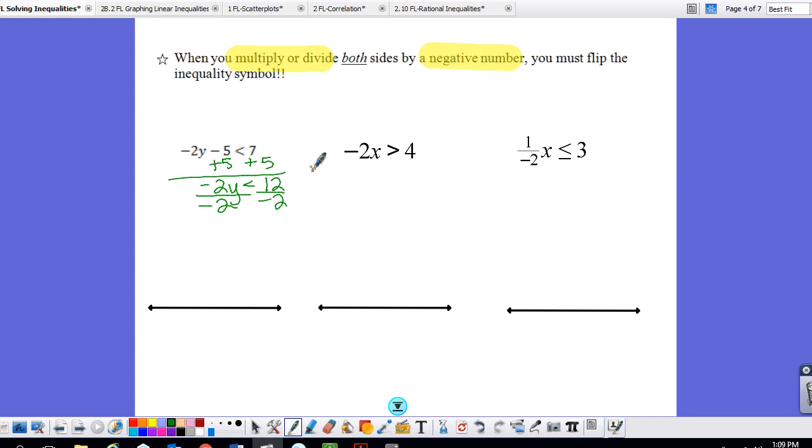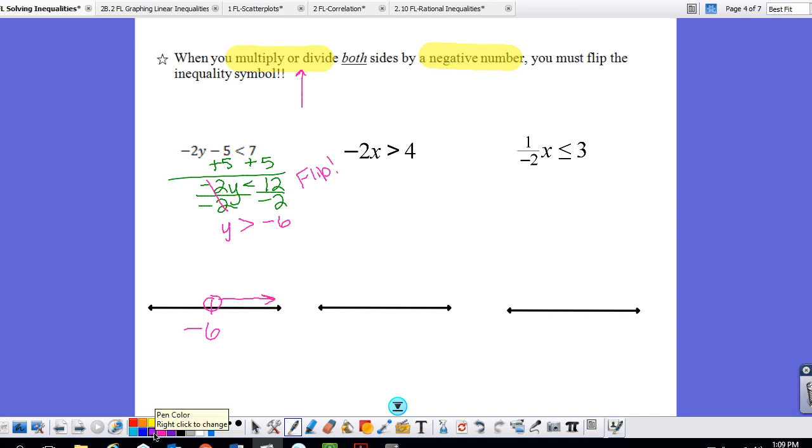When I divide by negative 2, I have to flip my inequality. So negative 2 divided by negative 2 leaves me just with y, but instead of less than, I need to make it greater than. 12 divided by negative 2 is negative 6. So I put a negative 6 on my number line, open circle, and because it's greater than, it's going to go to the right.